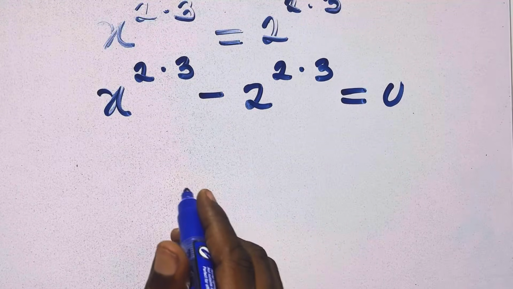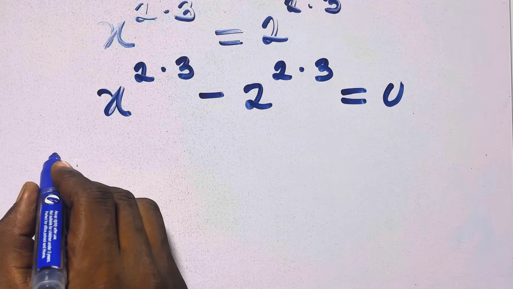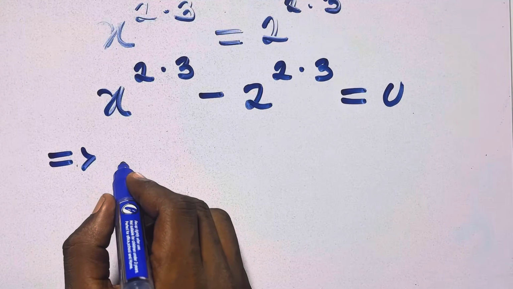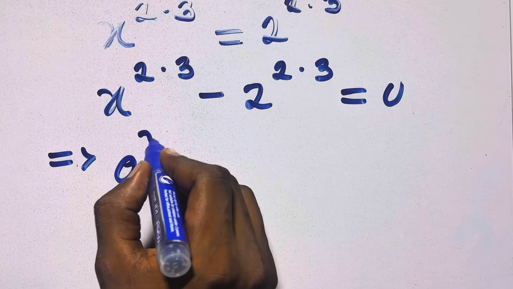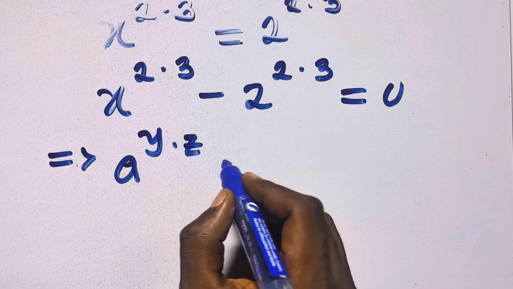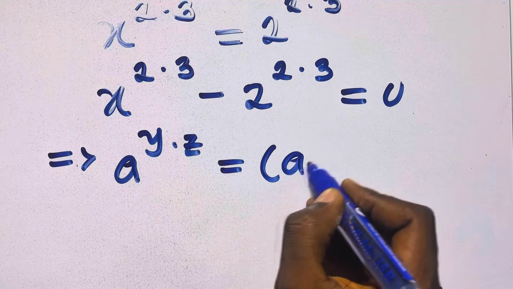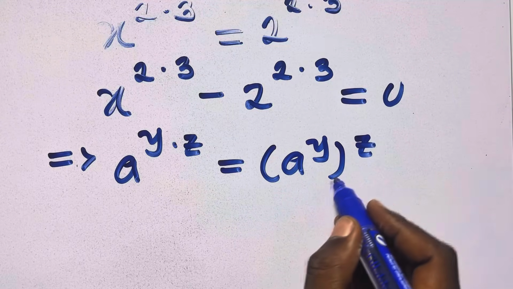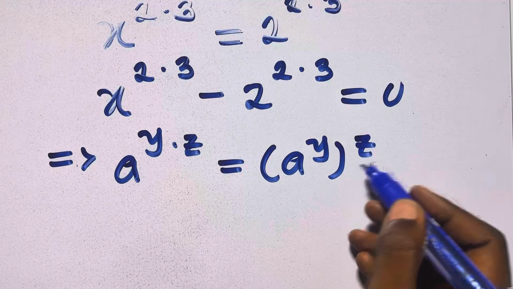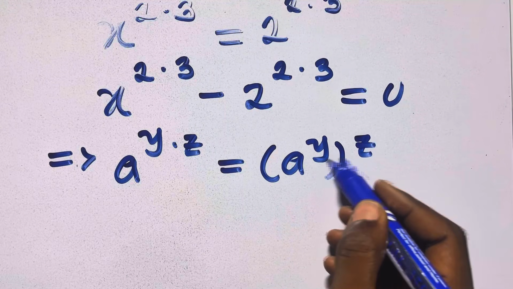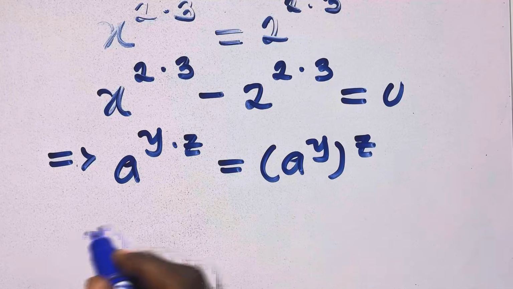Alright, so from here now, you have to recall that if you have an expression like a raised to the power y multiplied by z, this is equal to a raised to the power y, then again raised to the power z. This is the law of indices, the power law, where a number which is raised to a power is again raised to another power, these powers are multiplied.